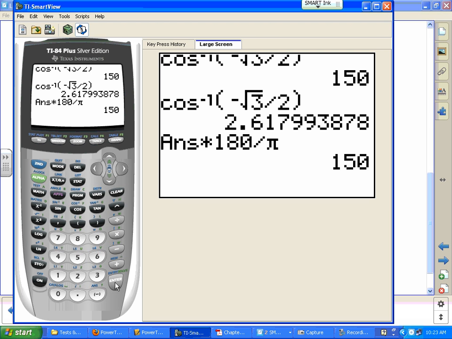So 2.617999 is actually the radian measure that goes with 150 degrees, 5 pi over 6. Your calculator just told us the answer.